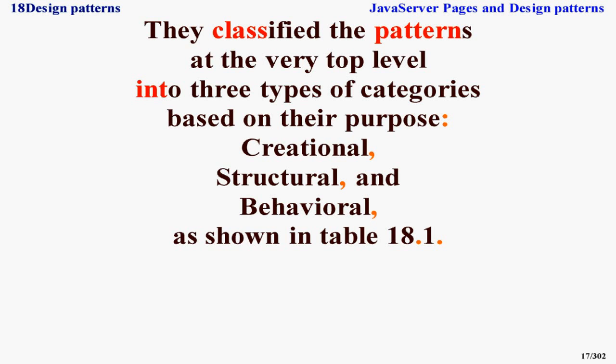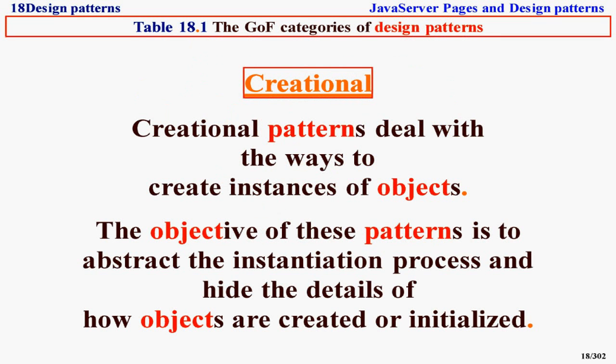They classified the patterns at the very top level into 3 types of categories based on their purpose: creational, structural, and behavioral, as shown in Table 18.1. Table 18.1. The GoF categories of design patterns. Creational. Creational patterns deal with the ways to create instances of objects. The objective of these patterns is to abstract the instantiation process and hide the details of how objects are created or initialized.